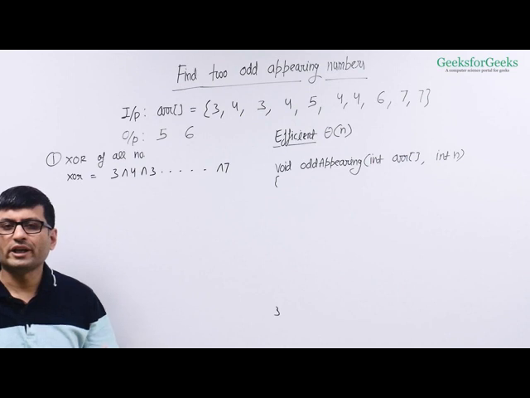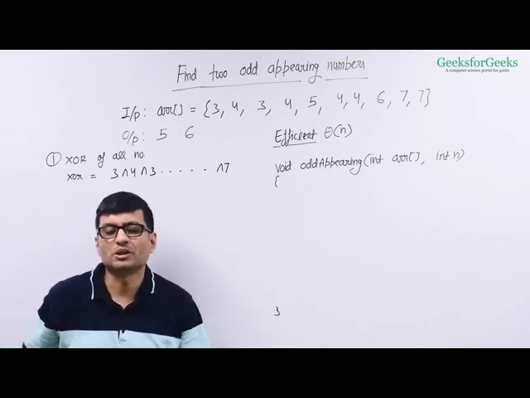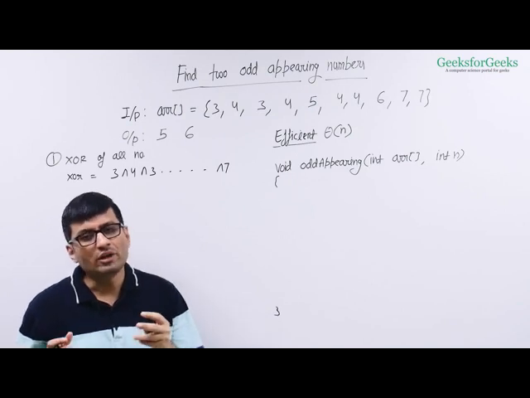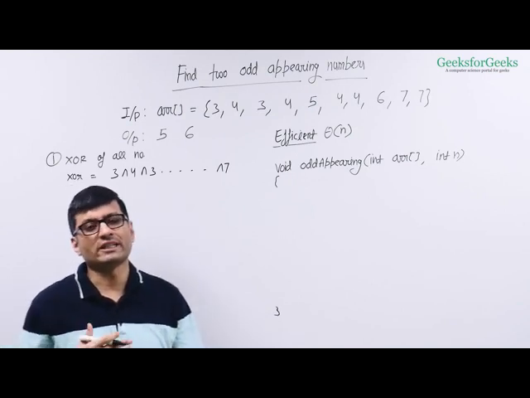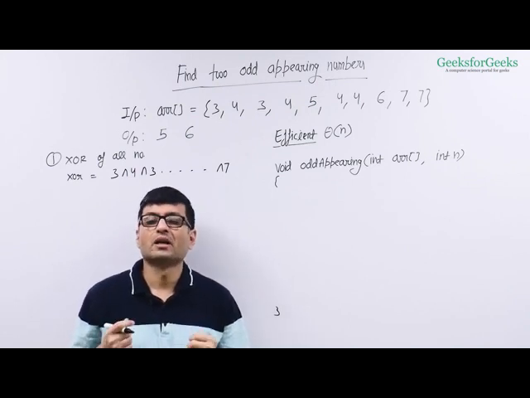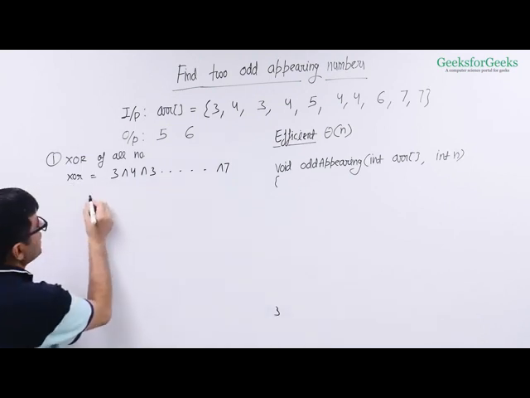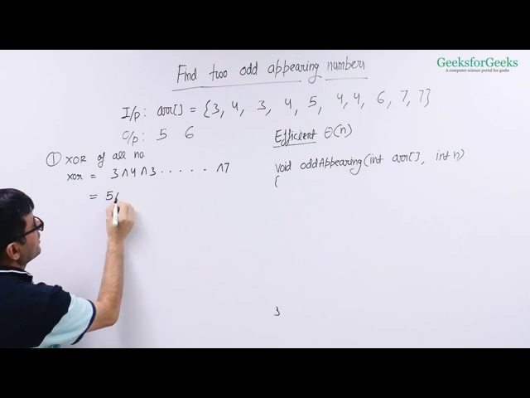So what do we get if I do XOR of all the numbers where every number is even appearing and 2 numbers odd appearing? All the even number appearing occurrences, they will cancel out each other because x XOR x is 0, right? Now the 2 odd appearing numbers, they will not cancel out each other. So we'll get the result as XOR of 5 and 6 in this array.